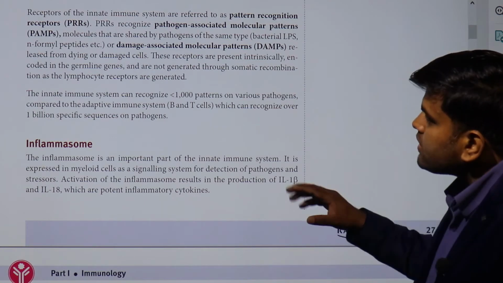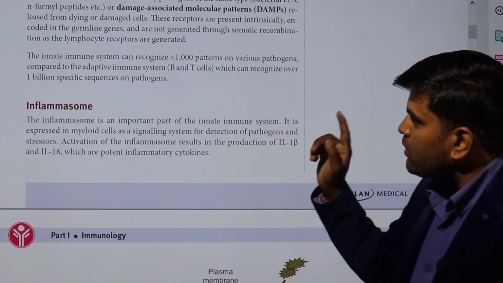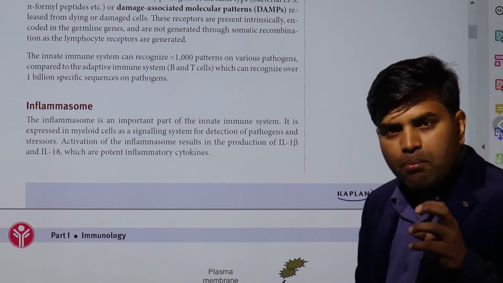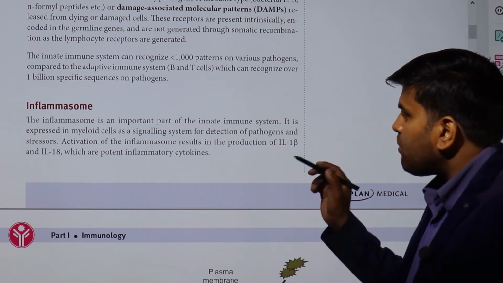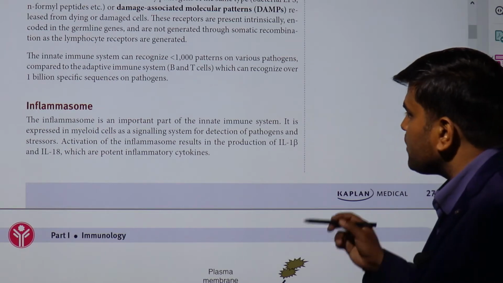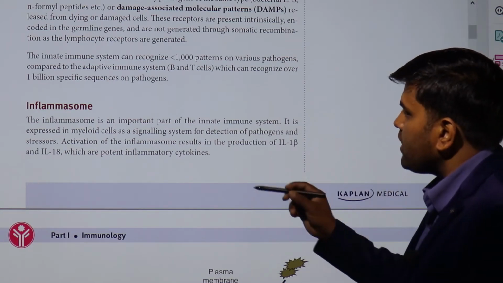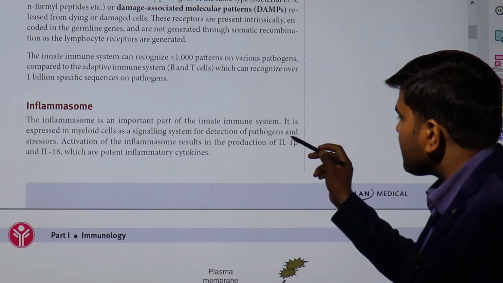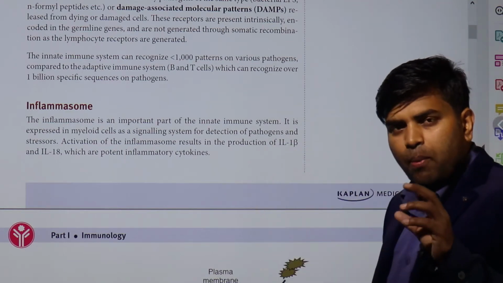Moving forward, there is another term known as the inflammasomes, which is part of the innate immune system. It is expressed in the myeloid cell as a signaling system for detection of pathogens and stressors.